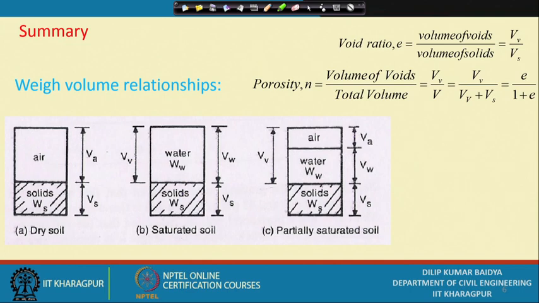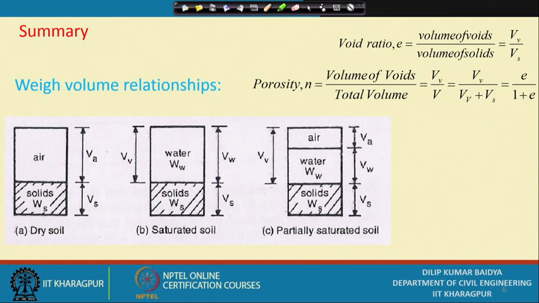Their relationship we have to remember based on the three-phase diagram. You have to know them because these are required in calculations in every chapter. Unit weight sometimes you have to calculate, and sometimes some parameters are given and based on the formula you have to use.